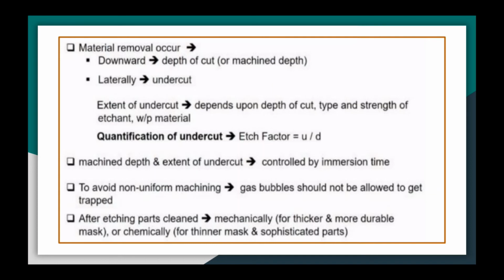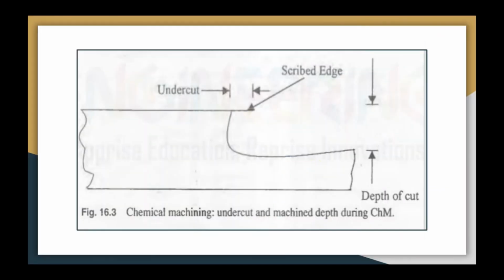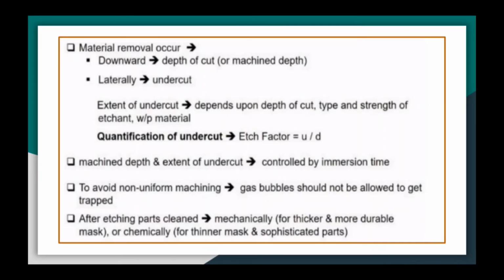So while designing the chemical machining process, you should take this undercut into consideration. And there is a term known as edge factor, that is given by undercut divided by the depth of cut.